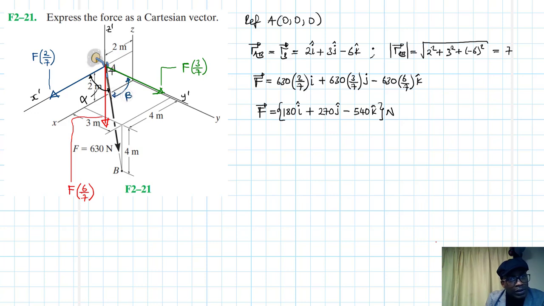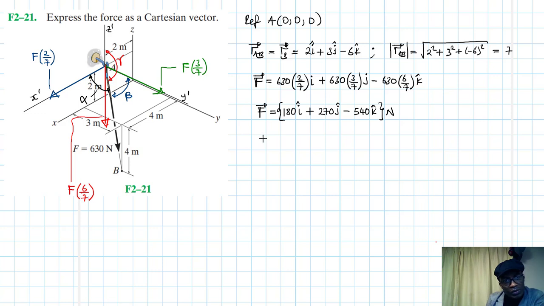This is beta. Then we have this one. This is gamma. Okay, so there we go. Maybe let me write this in another color. Okay, I think this is fine also. We can leave it the way it is. Great.